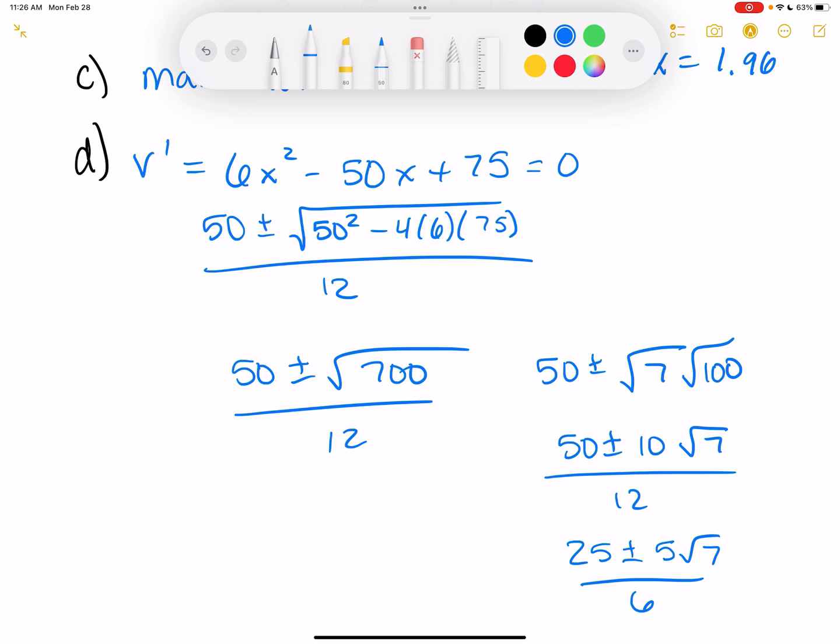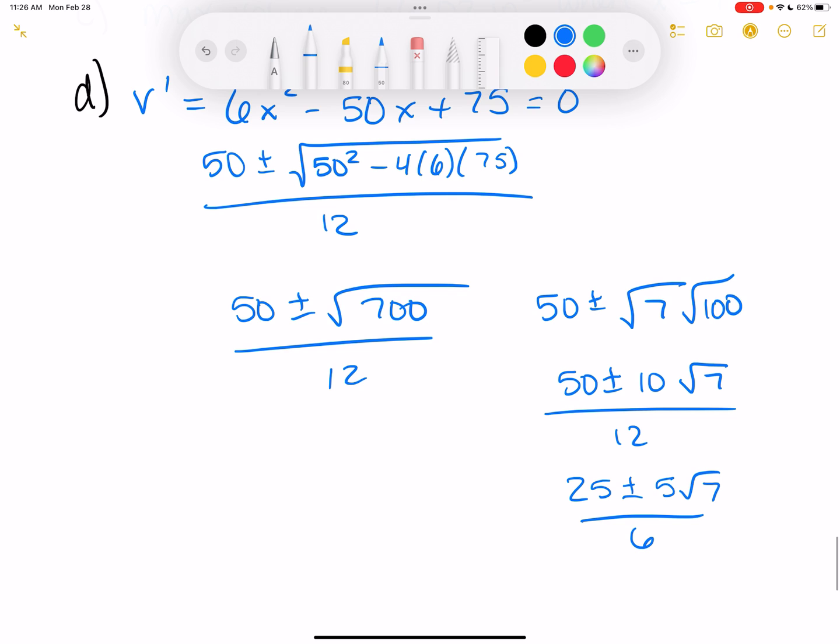And then I think if you actually do this, 38.2287 divided by 6. Okay, the positive one is 6.37.